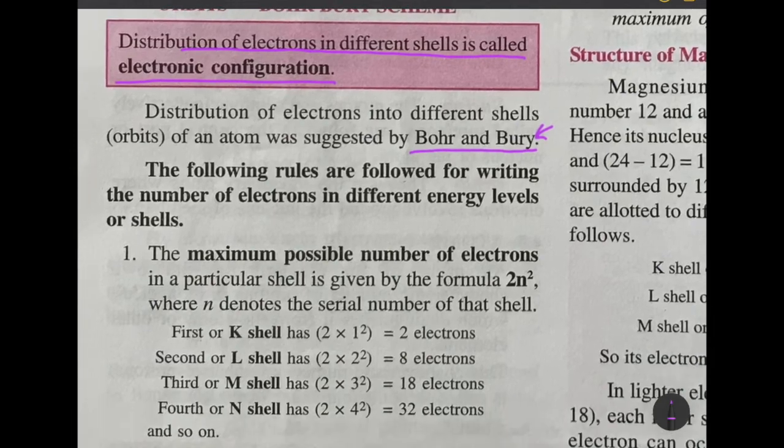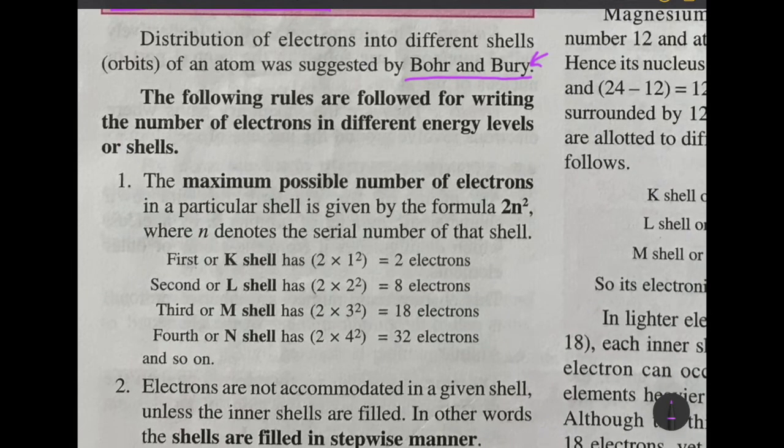Now the rules are there for writing the number of electrons in different energy levels or shells. As I already told you, the maximum number of electrons in the first orbit is 2, second is 8. So a formula is followed. The formula is 2n square, where n is the serial number of the shell.